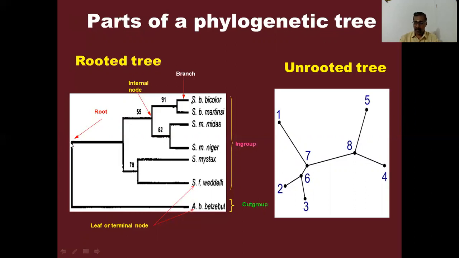If it is a rooted tree, it will have a root, a common internal node or internal ancestor, branches, then the terminal nodes or leaves. And very carefully here you see it has been mentioned as in group and out group.